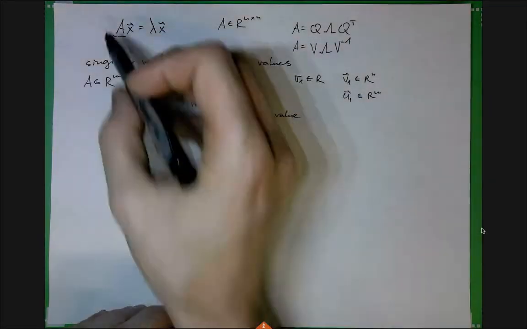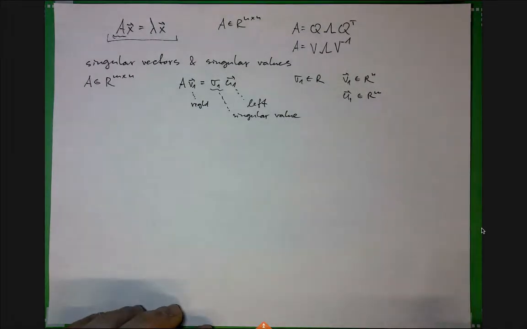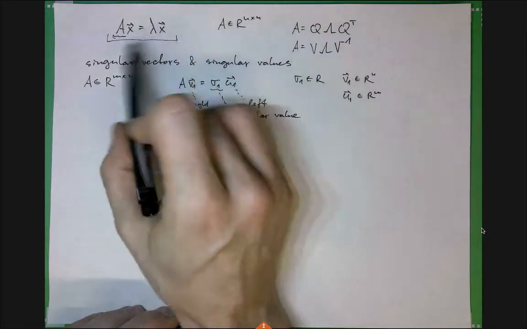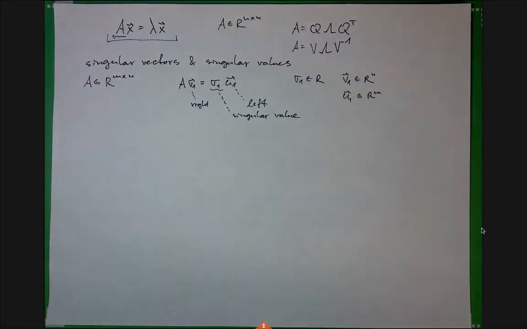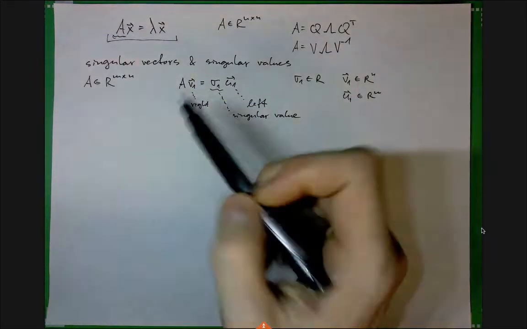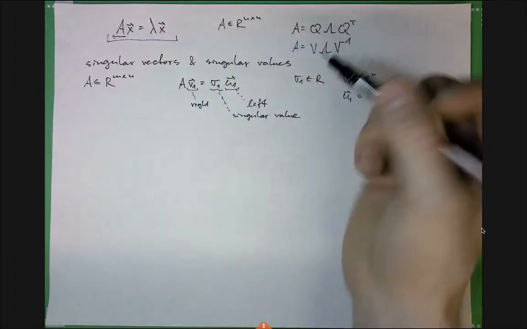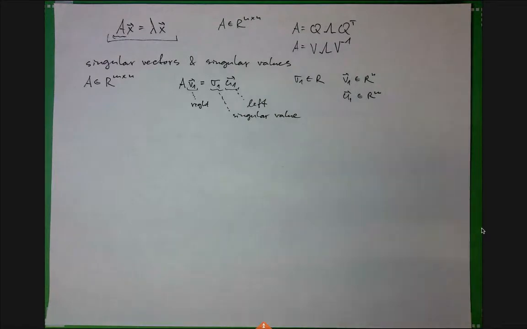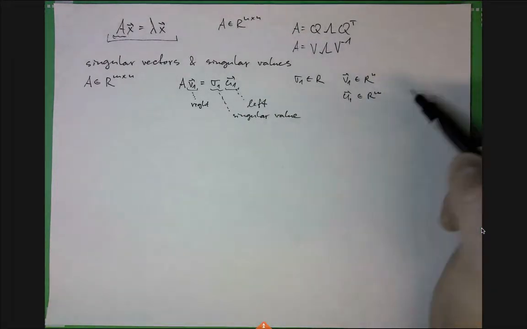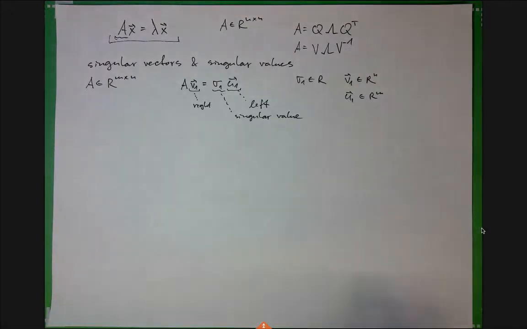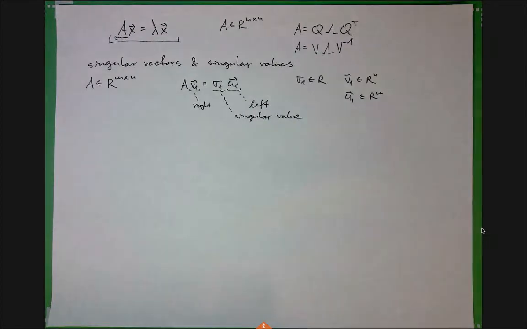Notice that it's really the same idea as with eigenvectors, except that I essentially split this x-axis into two different copies, if you want to look at it this way. So here I have v and u, and those are different vectors. Already the dimensions are different, right? v1 is an n-dimensional vector and u1 is an m-dimensional vector. And the idea of the singular value is sort of analogous to the idea of eigenvalue there.